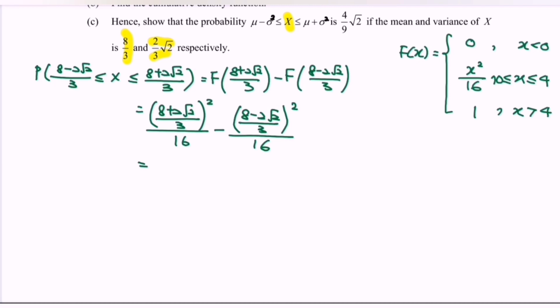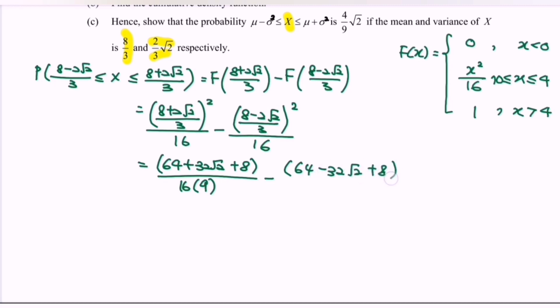So here we will have 64 plus 32 square root of 2, and then we have 8, over 16 multiplied with the 9, minus 64 minus 32 square root of 2, and then plus the 8, over 16 multiplied with the 9.